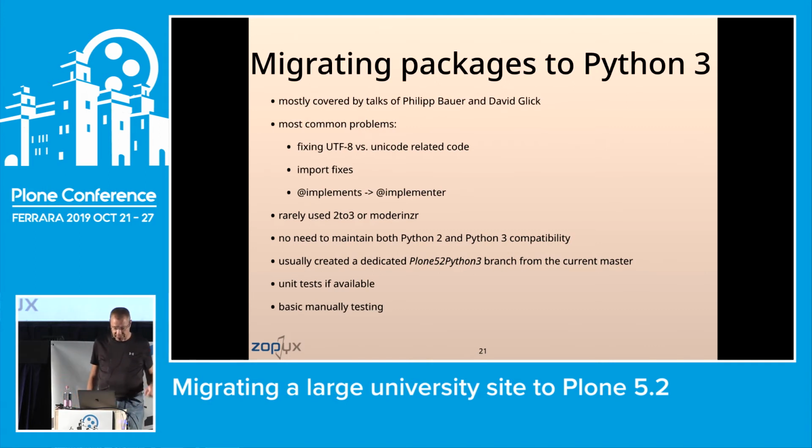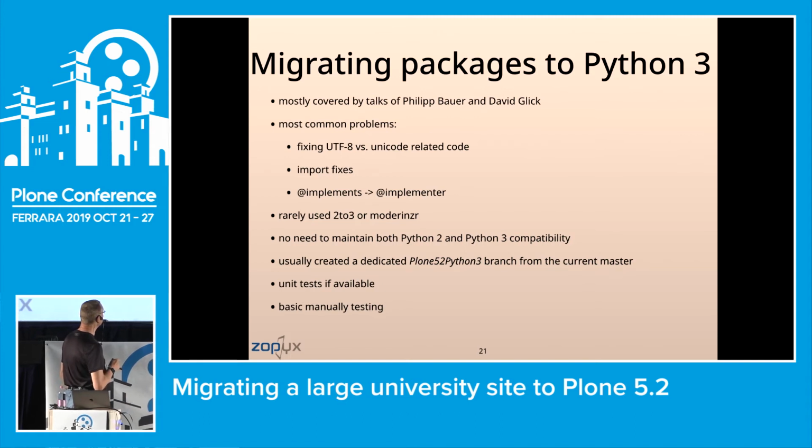In most cases, we had to deal with UTF-8 versus Unicode-related code or broken code. In many cases, we had to deal with import fixes, and a common issue was always migrating the implements function to the implementer decorator, and I think also something for provides and provider. So it's basically mechanical work, but that wasn't hard. It just had to be done.